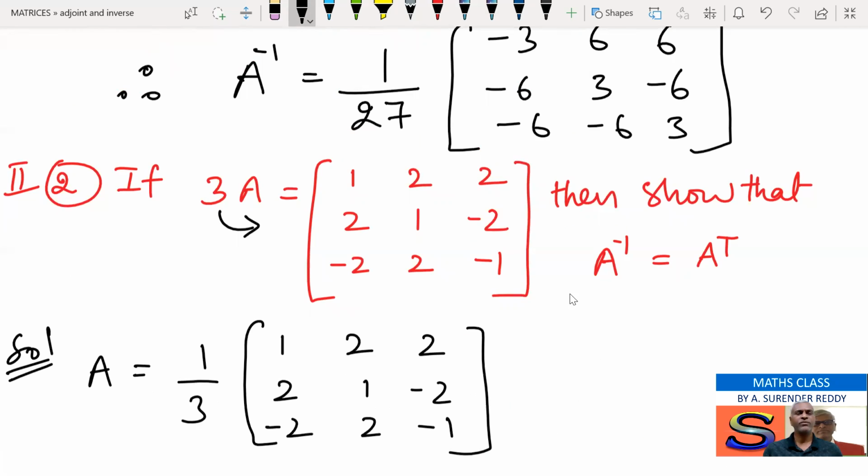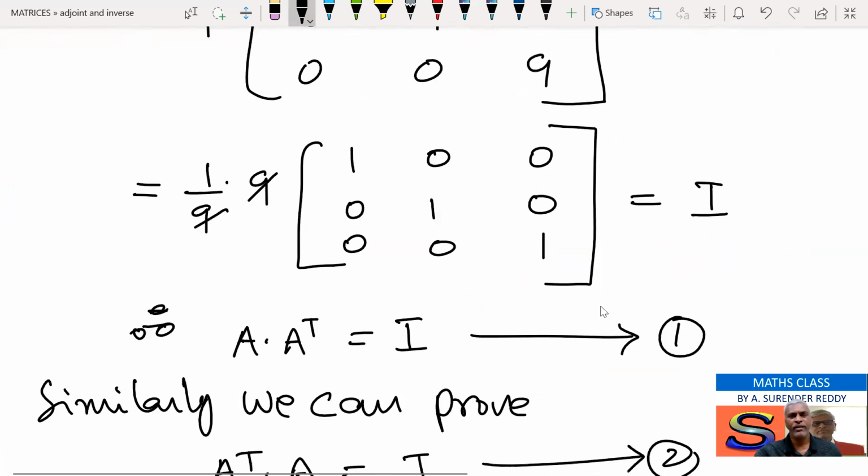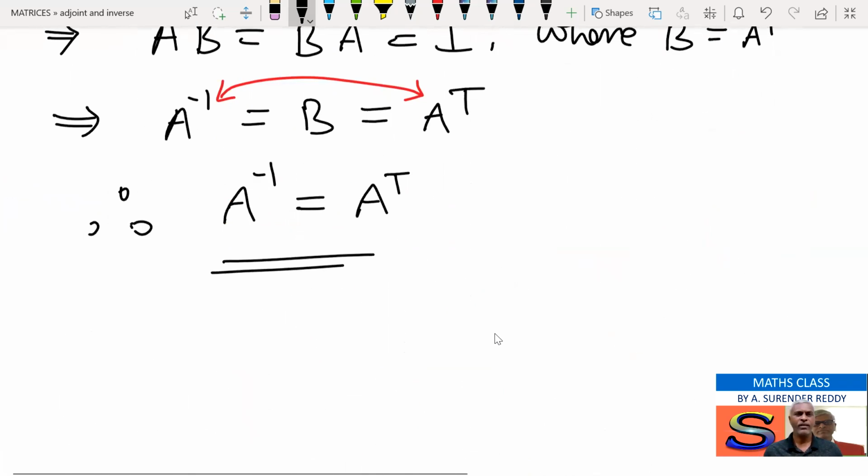So for this, we need not find its inverse. By making use of the definition AB is equal to BA is equal to I, we can prove it very easily. So this is one of the important questions in this chapter. The proof is very interesting. Without finding inverse, we can prove it.